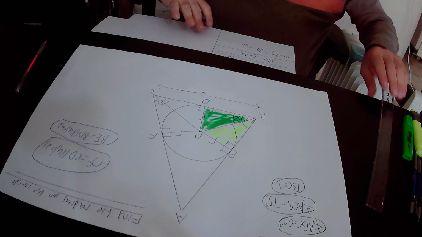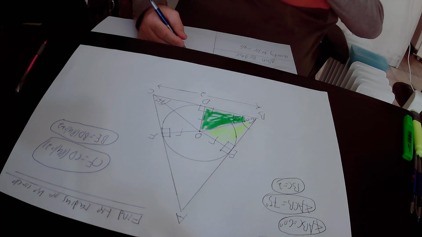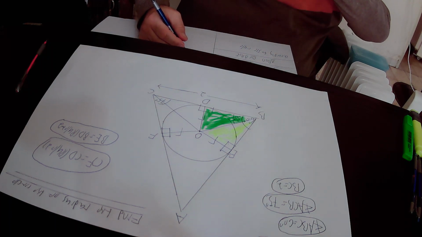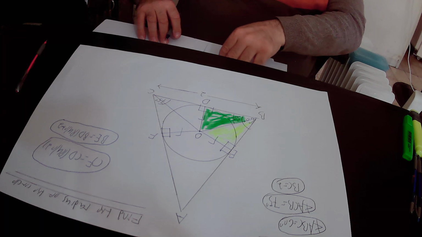In the next step, I copy the right green triangle BOD. Here we analyze this right green triangle BOD.